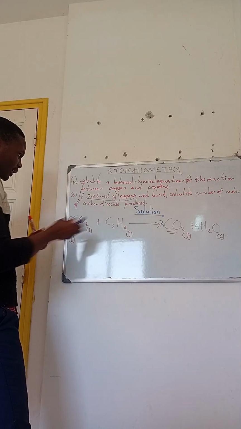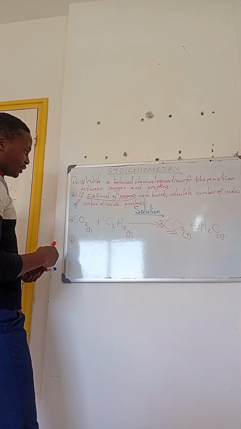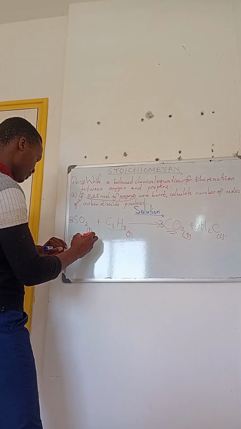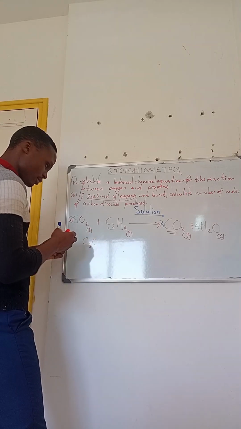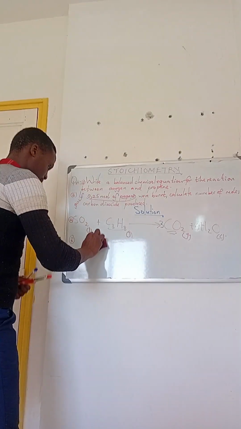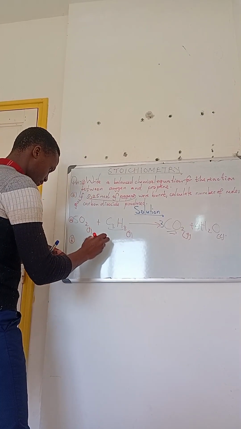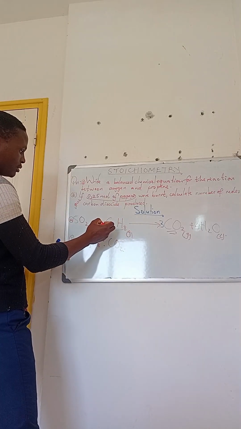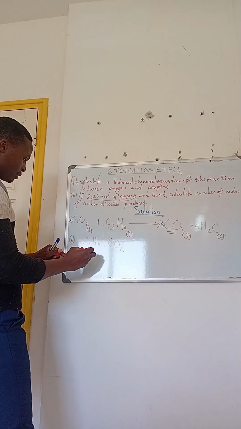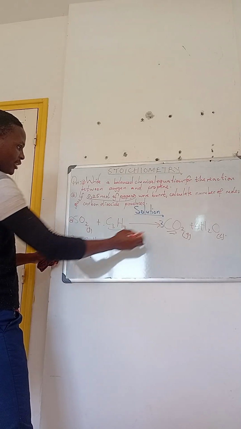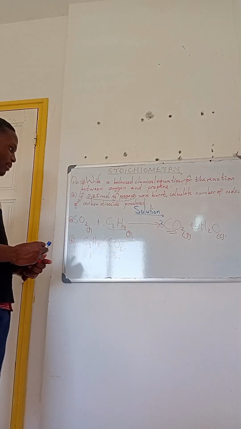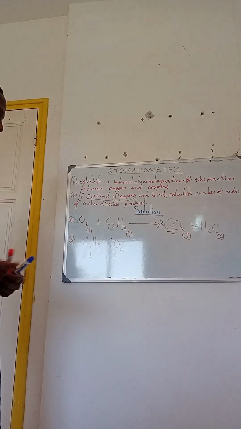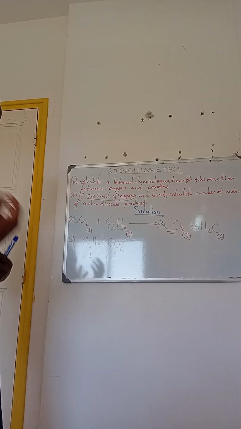From the equation, we can say the proportion of propane to carbon dioxide is 1 to 3. So if we burn one molecule of propane, we produce 3 molecules of carbon dioxide. So that's the stoichiometry ratio.